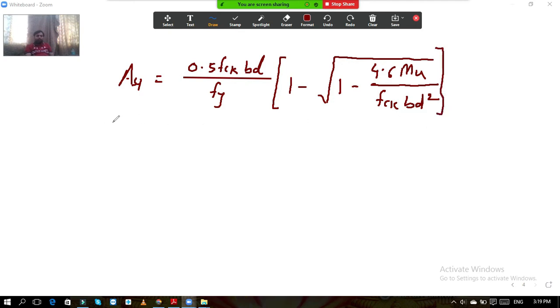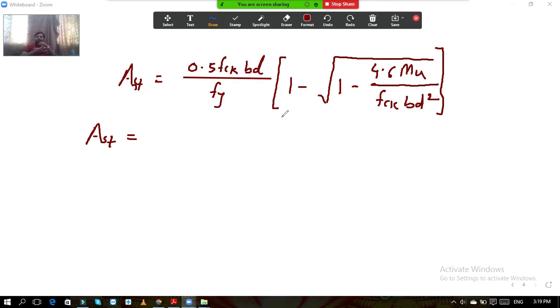Now put the values and you will get the answer. Let me know the answer of this. So put all the values: fck is 20, b is 1000, d is 160, fy is 415, Mu is 71.03 into 10 raised to 6.